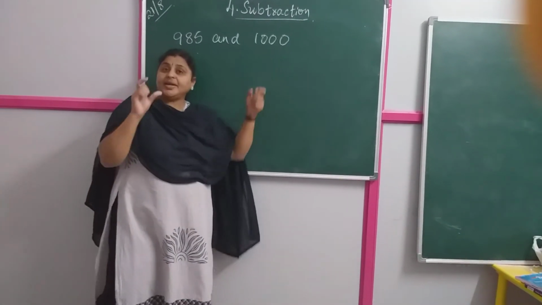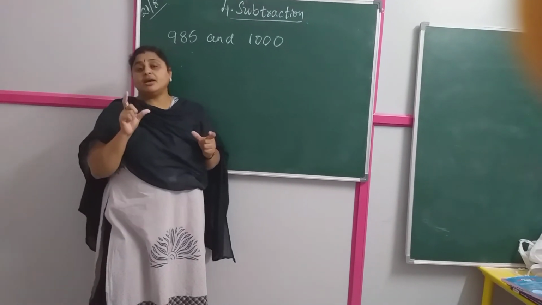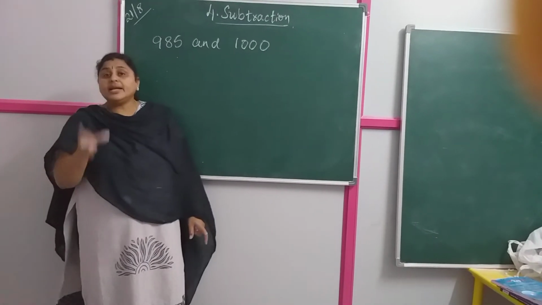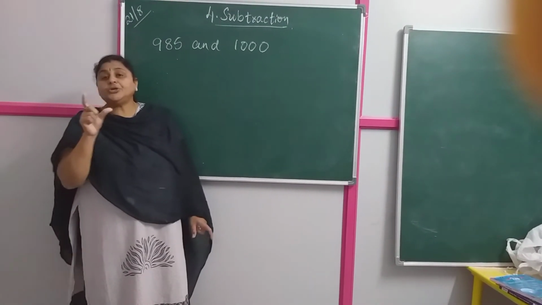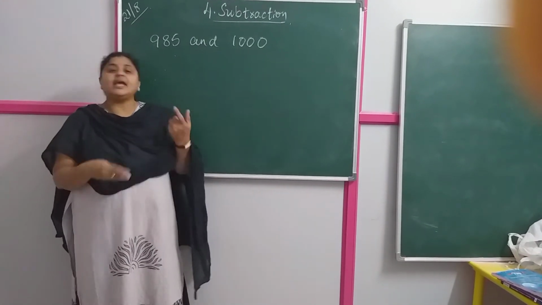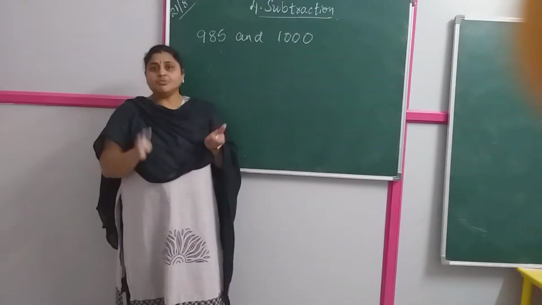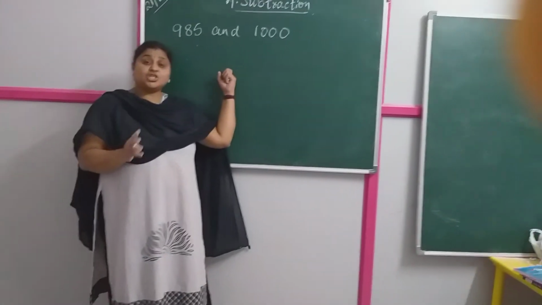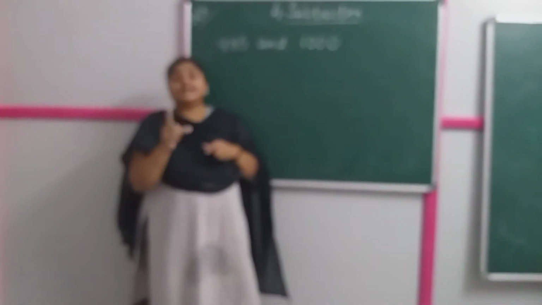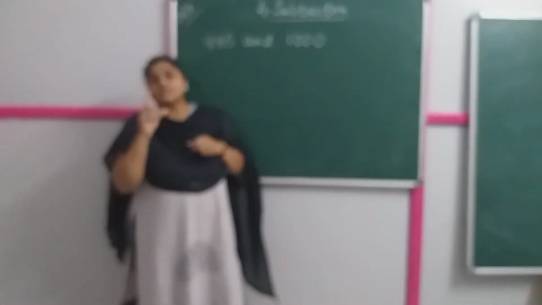So whenever you are doing subtraction, first observe which is the bigger number, because subtraction can be done only from a bigger number to a smaller number, whereas addition can be done any way, irrespective of bigger and smaller number. But in subtraction, you need to be very careful to write the bigger number first, then the smaller number.